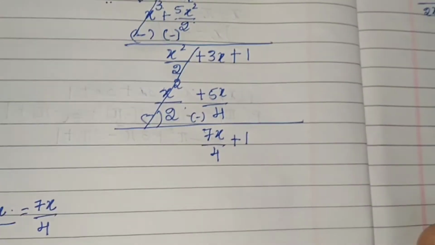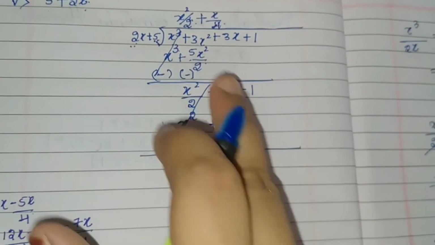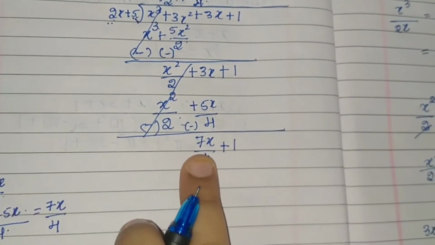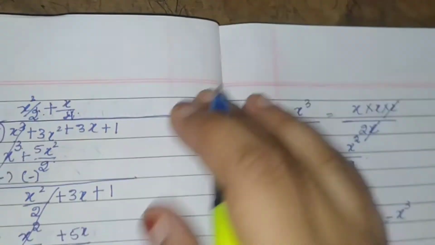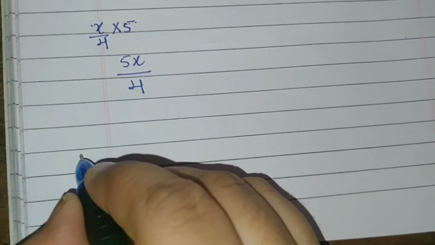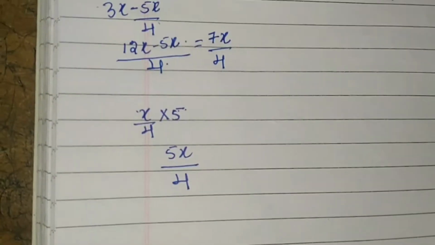Again the same procedure. This is your new dividend now. Okay, this is your divisor. So what you have to do now? The first term of the dividend. So what is your first term of the dividend? 7x divided by 4, divided by the first term of the divisor, that is 2x.